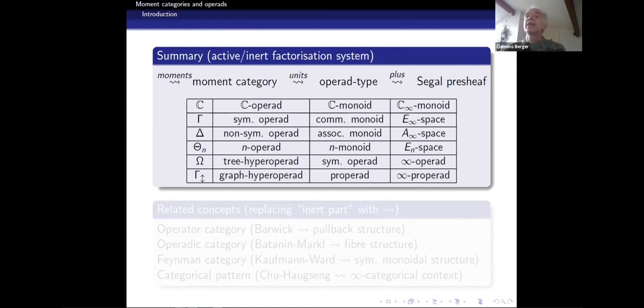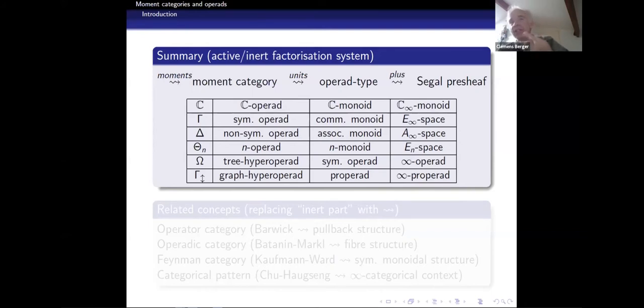For Theta n, it will be the notion of globular n-operad, introduced by Michael Batanin. For Omega, it will be some kind of operad indexed by trees. So I call it tree hyperoperad. And for this graphical category of Marcy, Philip, and Donald, you get graph hyperoperads.